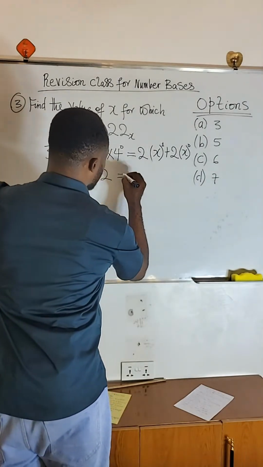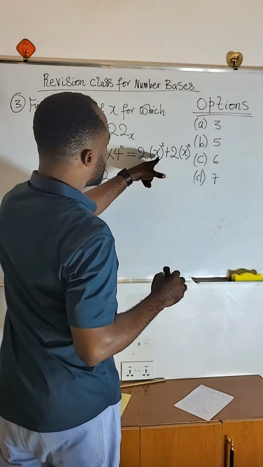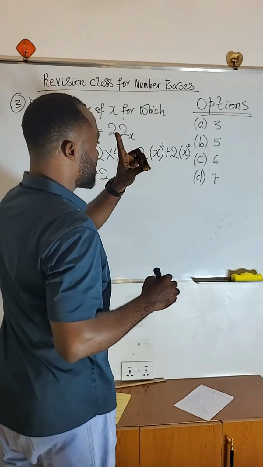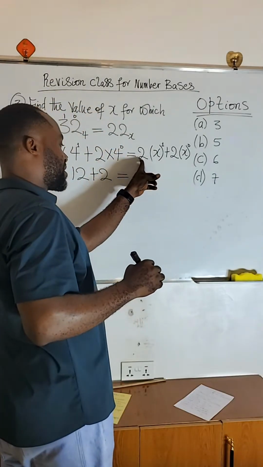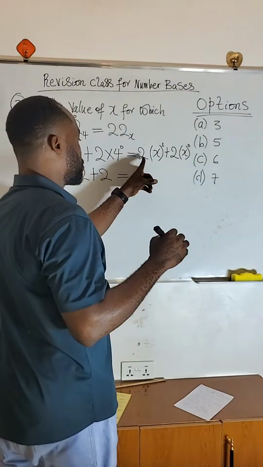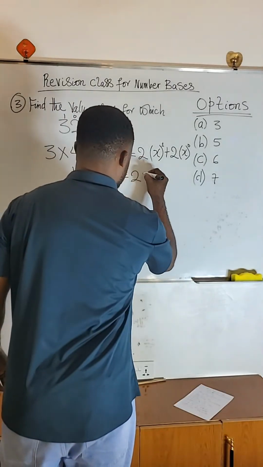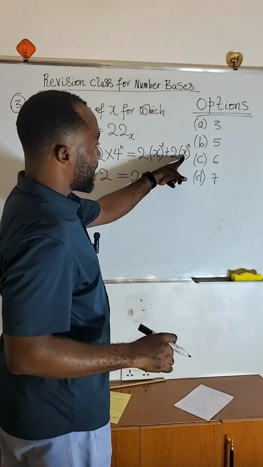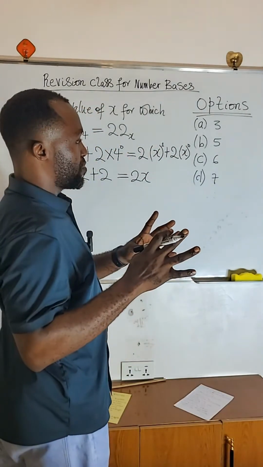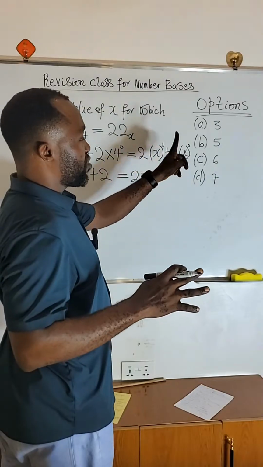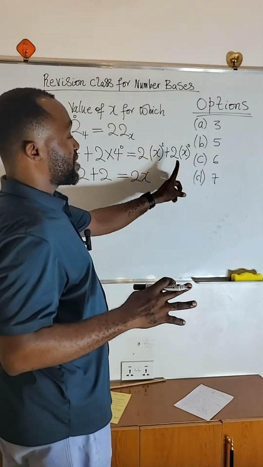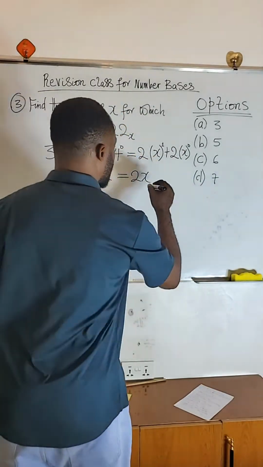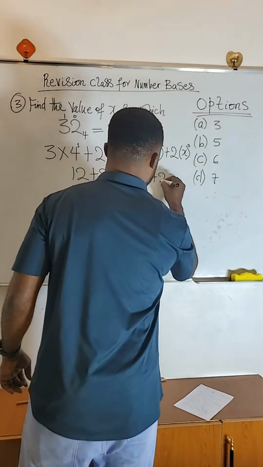To be equals to, here, this is x raised to power 1, which is x. x times 2 is 2x. Okay. And so here is x raised to the power of 0. That is 1. So 1 times 2, that would be 2.